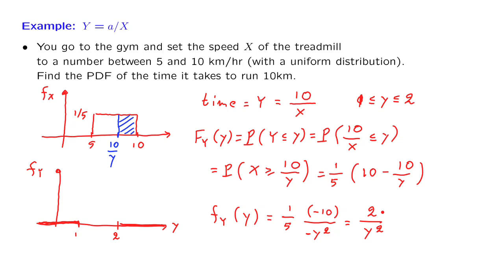And if you wish to plot this, it starts at 2, and then as y increases, the PDF actually decreases. And this is the form of the PDF of the random variable y. This is the form which is true when y lies between 1 and 2. And of course, the PDF is going to be 0 for other choices of little y.